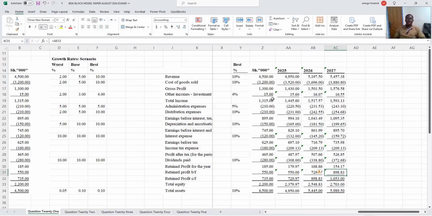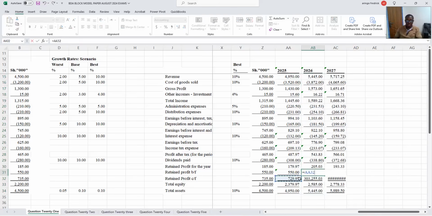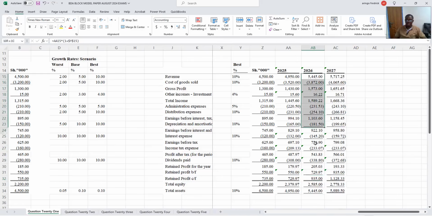Once we have this data, because we've locked, and 2026 and 2027 were reflecting the other one, all I need to do is simply copy paste this one here. I know very well this brought forward will be our carried forward. Then I simply copy paste this one here.